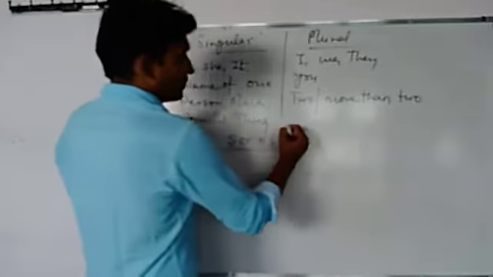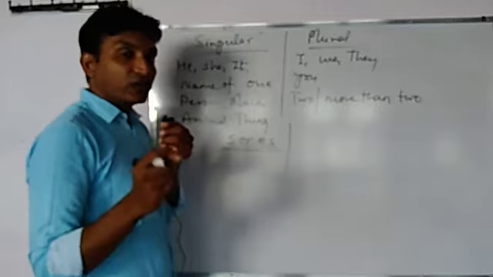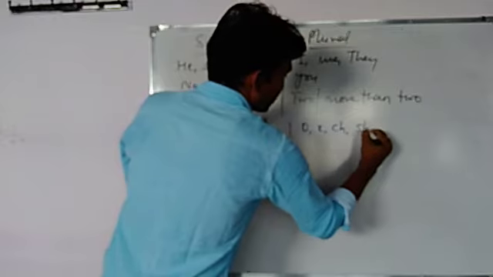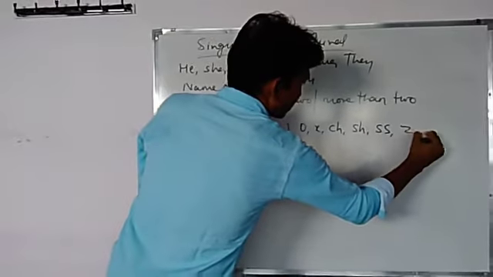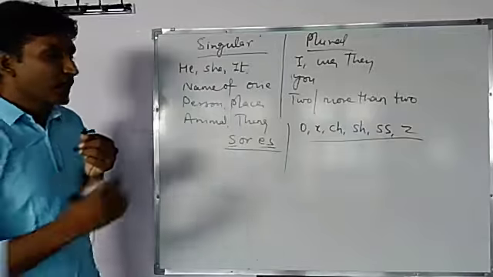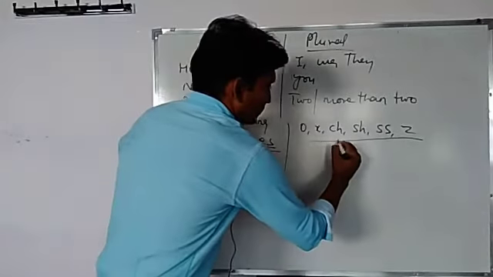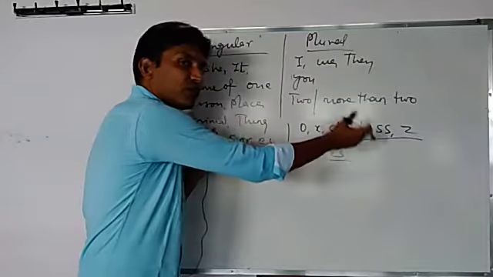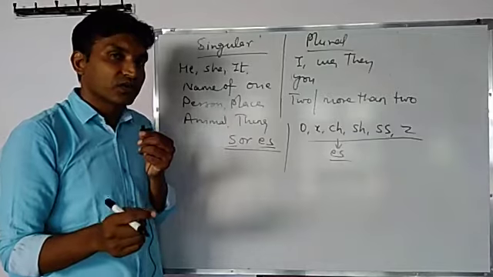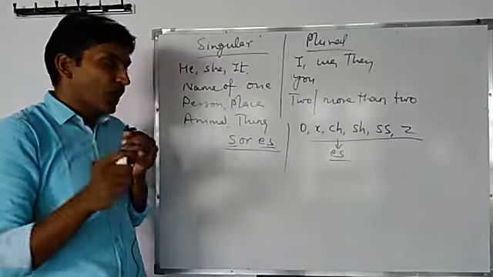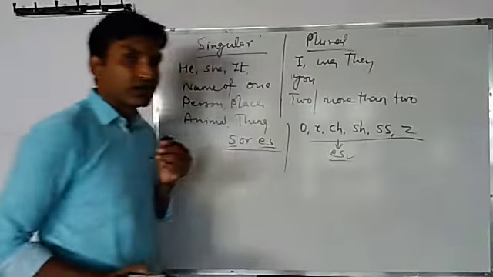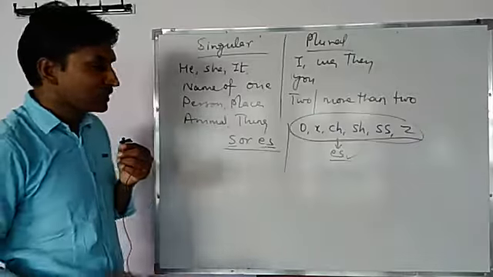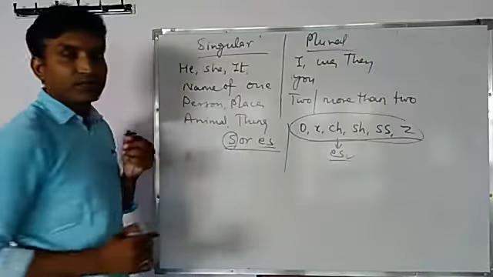If the last letter of the verb is O, X, CH, SH, double S or Z, then we add ES. If any of them is the last letter of a verb with a singular subject, we have to add ES. If none of them is there, then we'll add S only.